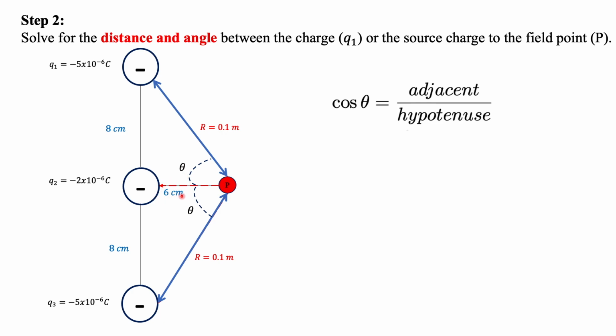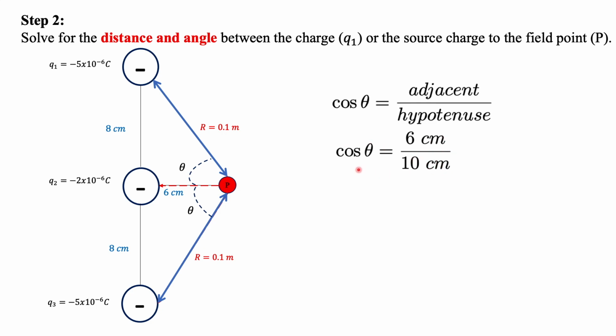And the hypotenuse is always opposite the 90 degrees, and that's the longest leg of the right triangle. So that should be the 0.1 meters in this case, or 10 centimeters. So you simply substitute the values. Adjacent is 6 centimeters. The hypotenuse is 10 centimeters or 0.1 meters. Now I just used the centimeters in order for the units to cancel out.